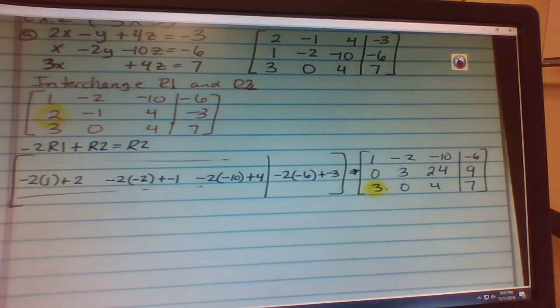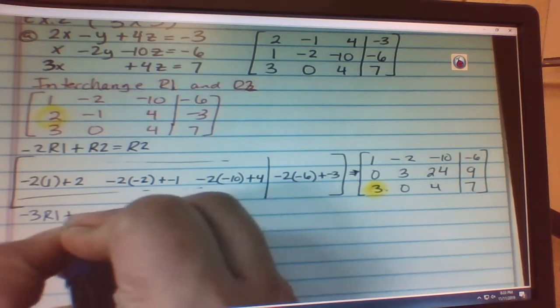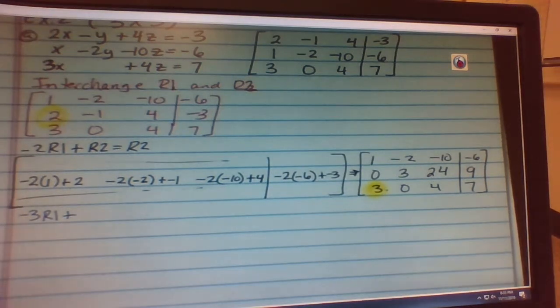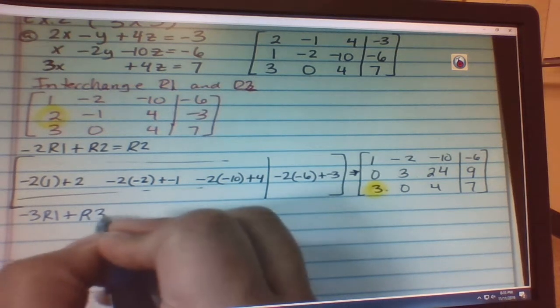Very good. So I have a -3 times row 1, and I'm going to add it to which row this time? Who are we changing? Row 3. Very good.